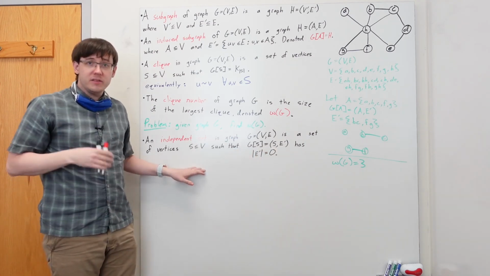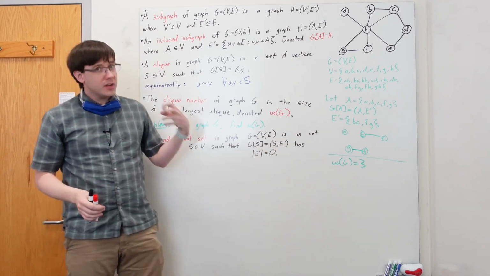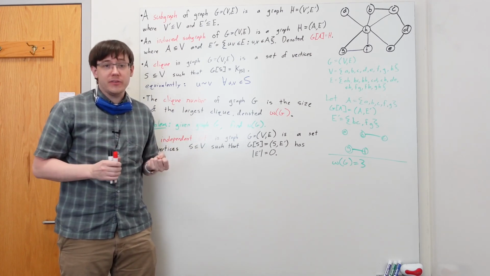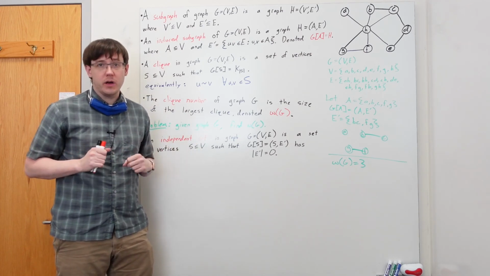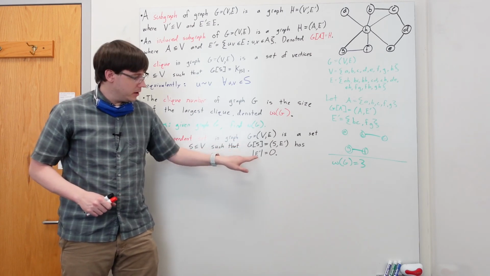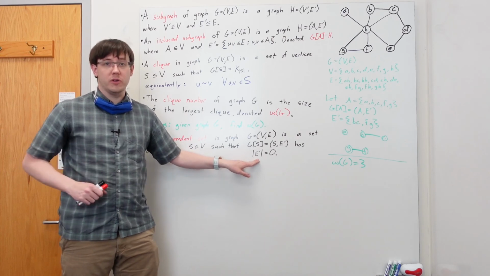An independent set is a subset of the vertices where none of the vertices in that subset are adjacent to one another. So if we were to build the induced subgraph, we would get no edges between those vertices.